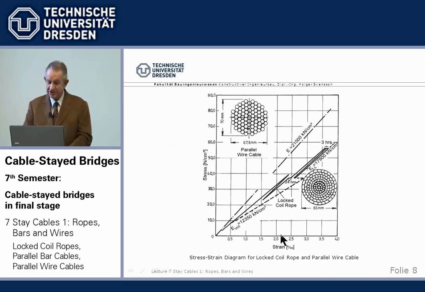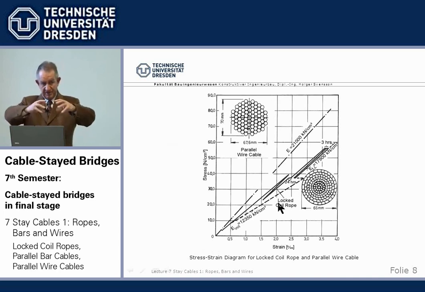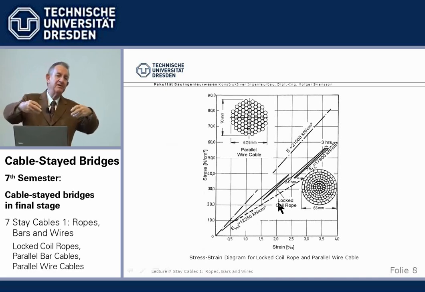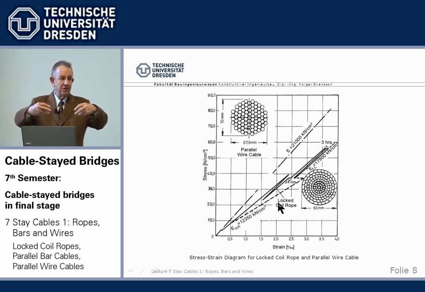As I mentioned, due to the twist, the wires tend to straighten out a little bit if we pull at them. So the apparent modulus of elasticity of the complete rope is smaller than the modulus of elasticity of the individual wires.